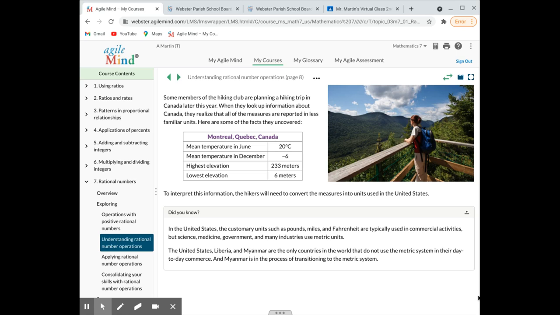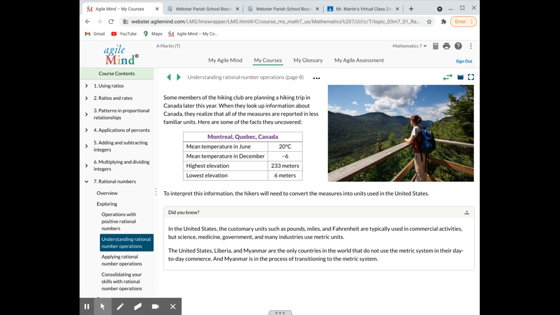There we go. Read that for us, Jamal. In the United States, the customary units such as pounds, miles, and Fahrenheit are typically used in commercial activities. But science, medicine, government, and many industries use metric units.